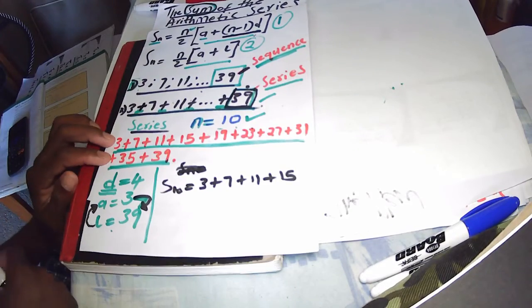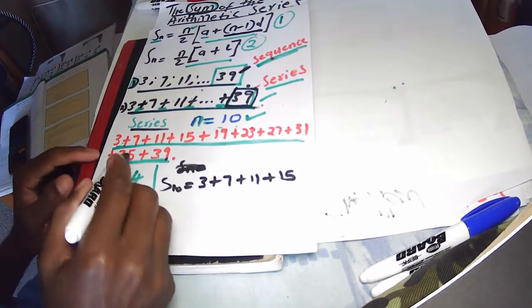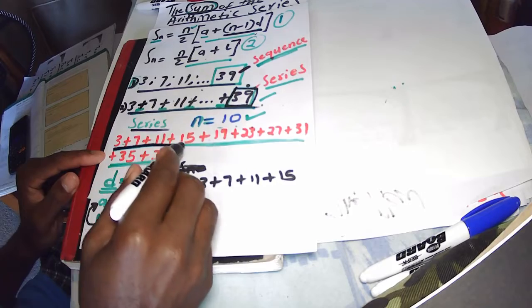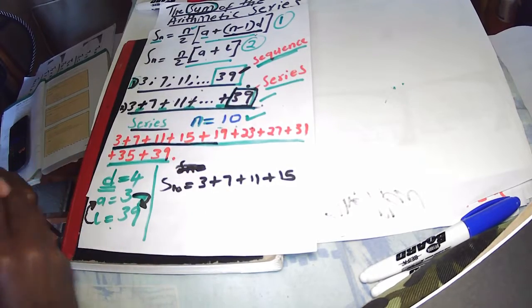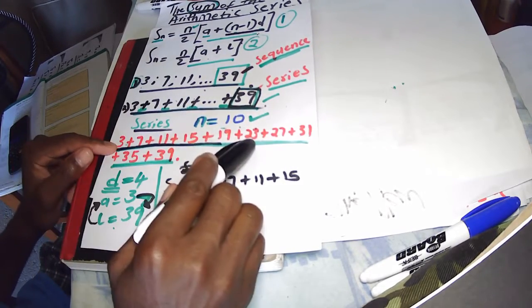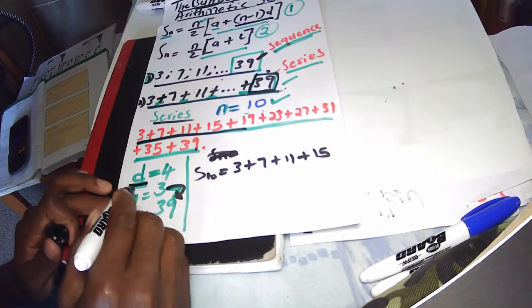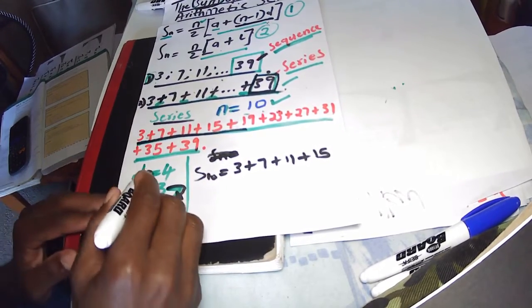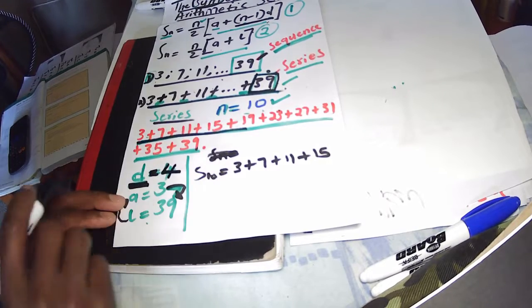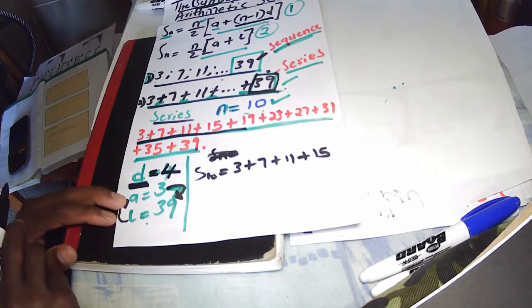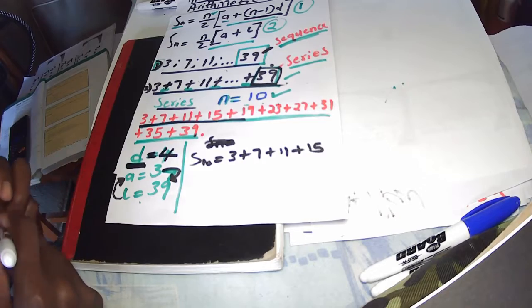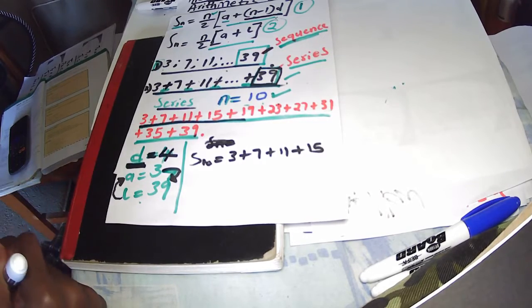Below here we have an arithmetic series. It is arithmetic because we have a common difference of 4.